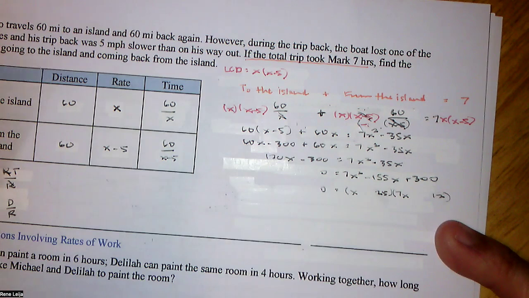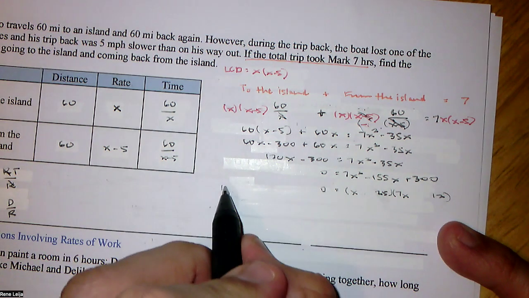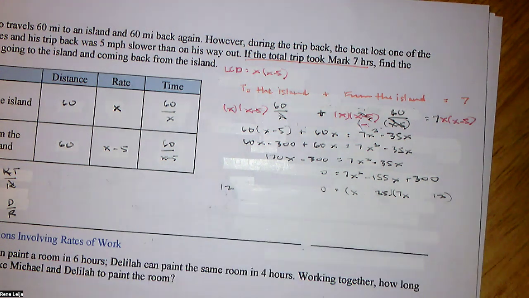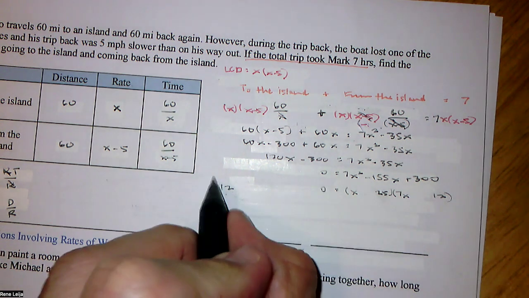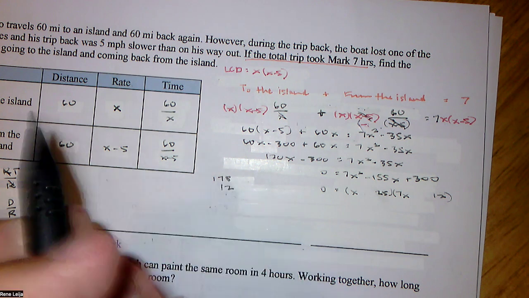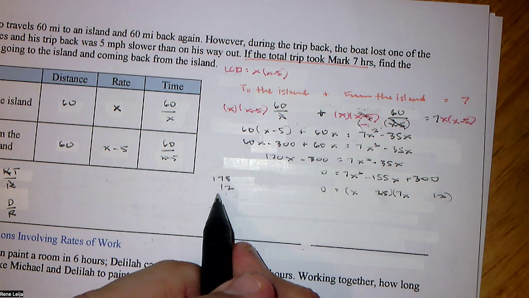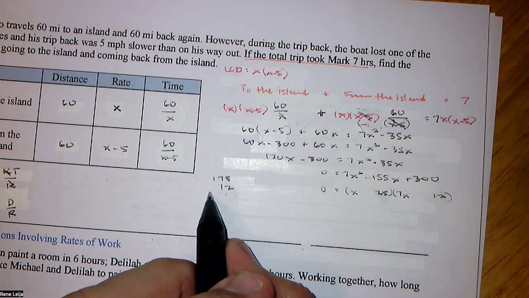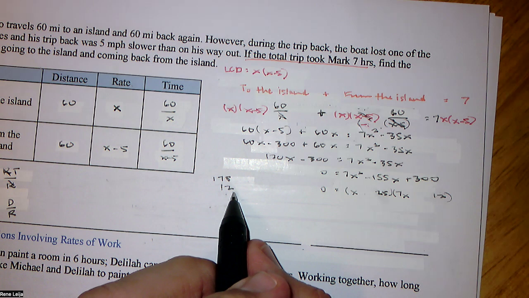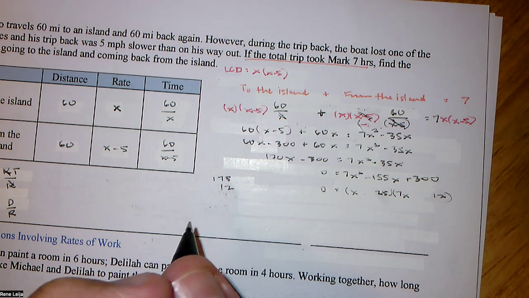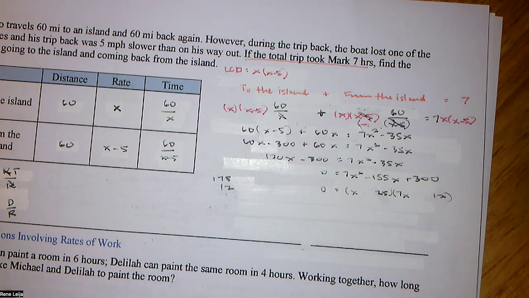The outside's going to give me a 12, and then 25 times 7 is 175. If I subtract them, I get 163, and if I add them, I get 187. Well, bummer. That was really, really close.